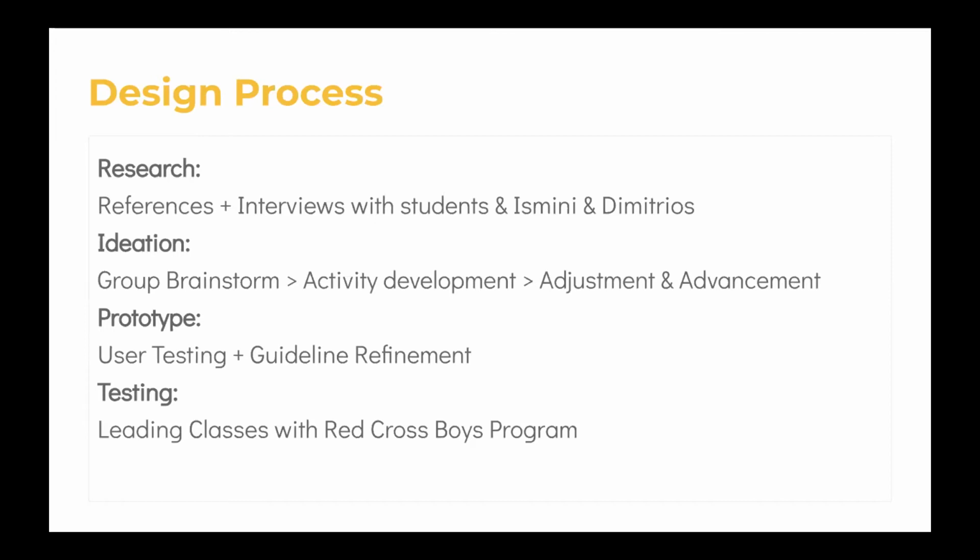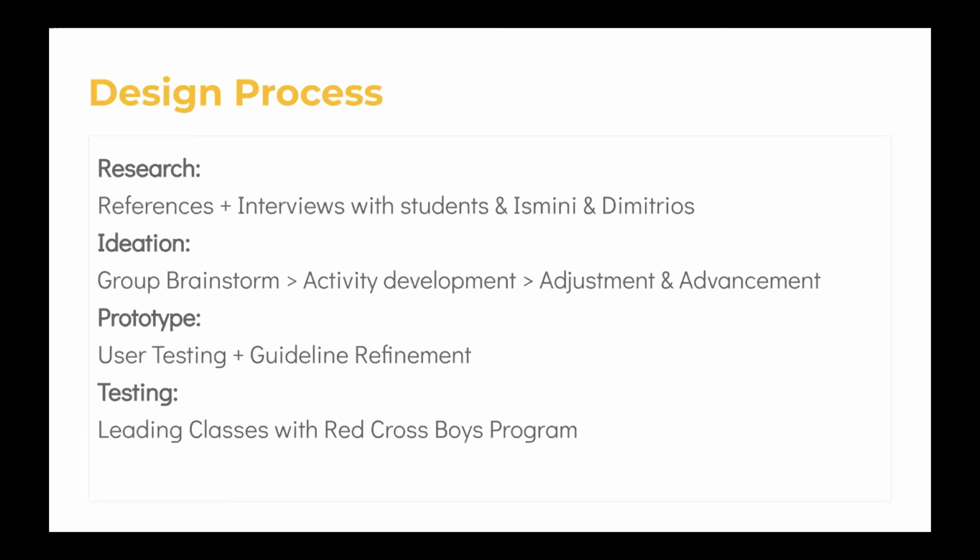So then we can move down to the design process. Our design process is mainly divided into 4 steps: research, ideation, prototype, and testing. In the research stage, we looked up a lot of references, and we also interviewed students, so that we have firm criteria when we are doing ideation. The next 3 steps kind of melt into each other.